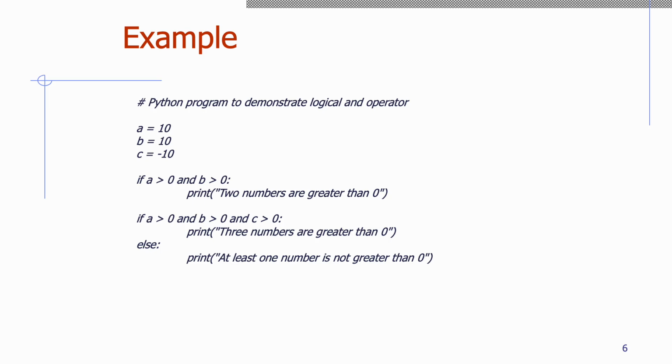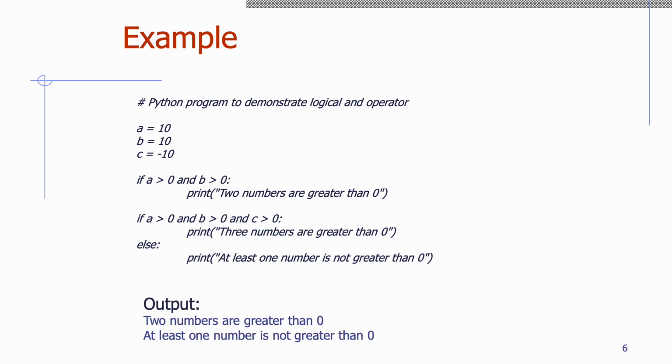So the output of this program is going to be these two statements, which is correct for the if statements: two numbers are greater than 0, at least one number is not greater than 0.